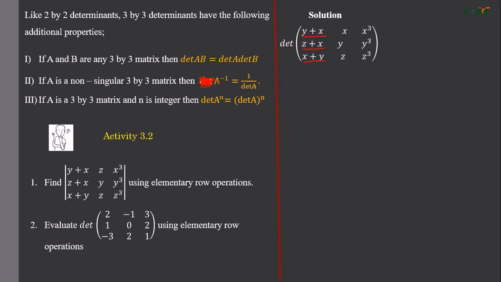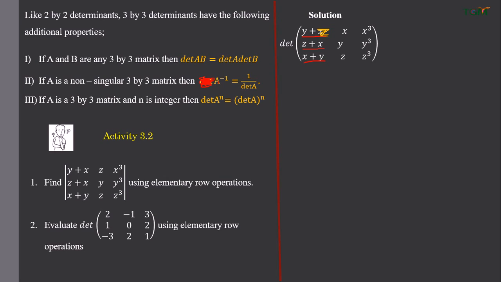Here I want you to notice, this should be Z, not X. In the first column we have Y plus Z, Z plus X, and X plus Y. Here the only thing missing is X to make X plus Y plus Z. Here the only thing missing is Y, and here the only thing missing is Z.